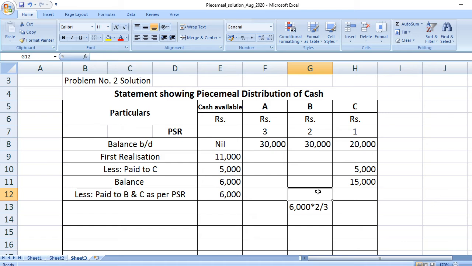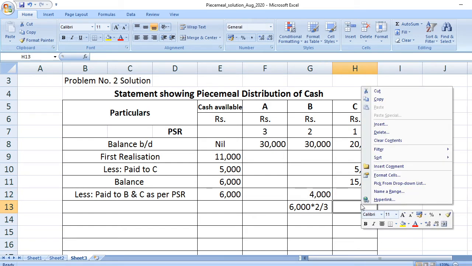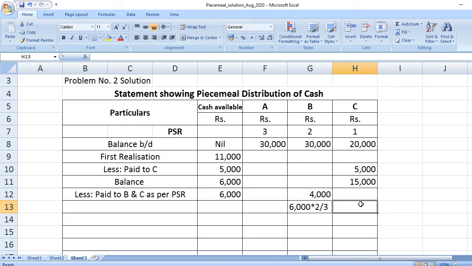And here C's share is 6,000 into the profit sharing ratio 1 divided by total share 3. So it will come 2,000.